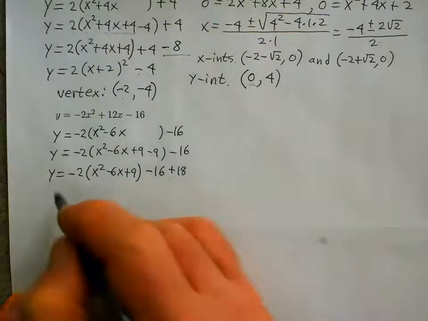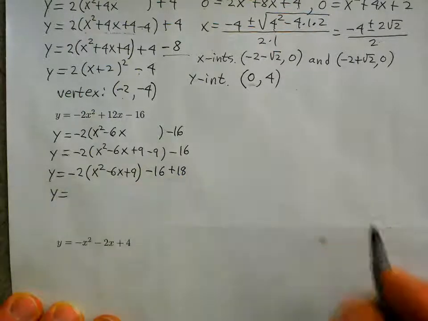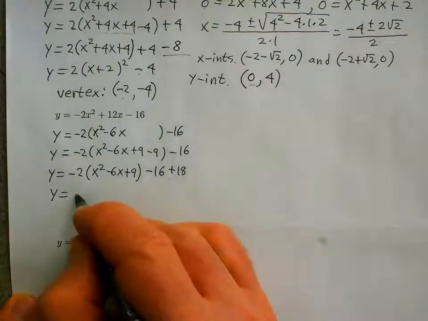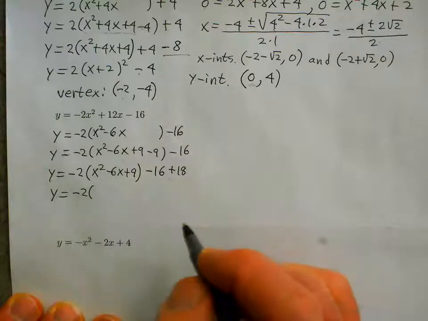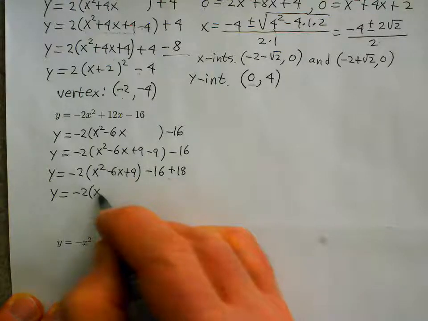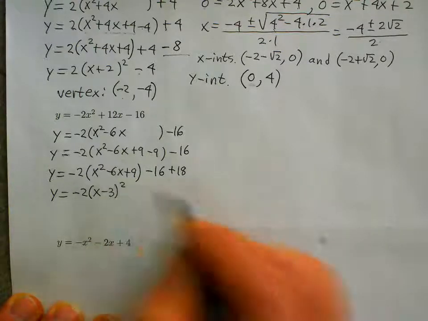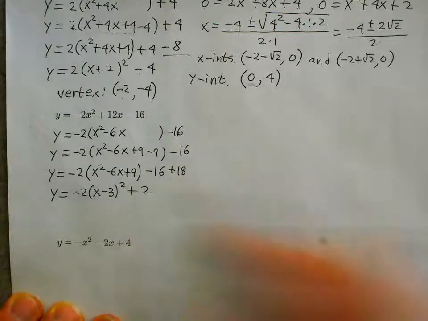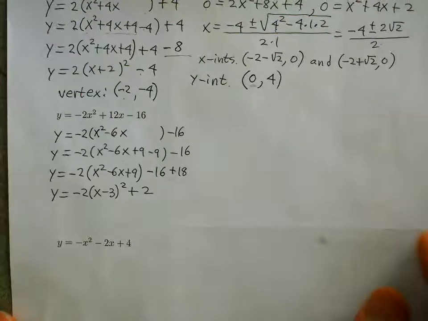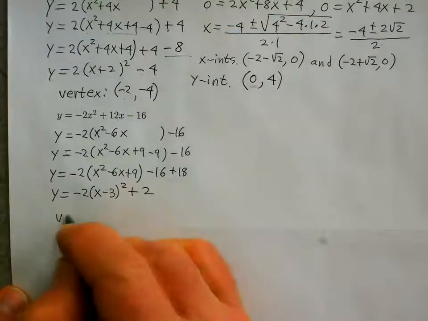Okay, the next step is the vertex form. So we have negative 2 times the binomial x minus 3 squared, and minus 16 plus 18 is plus 2. Okay, the vertex.